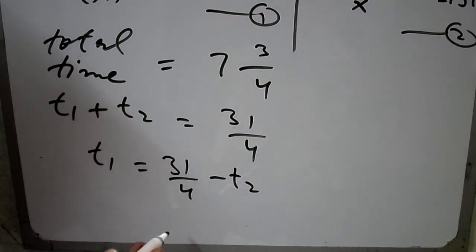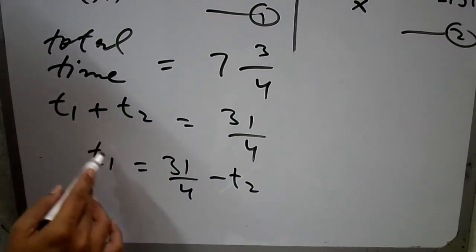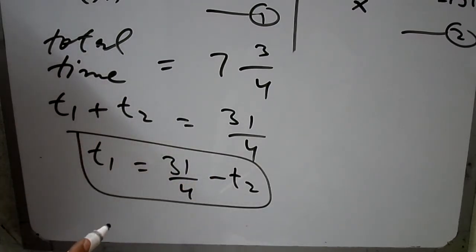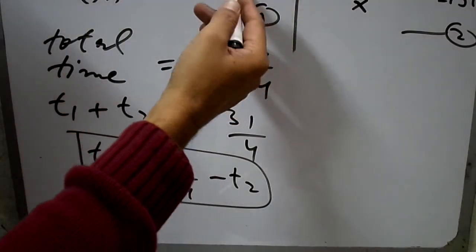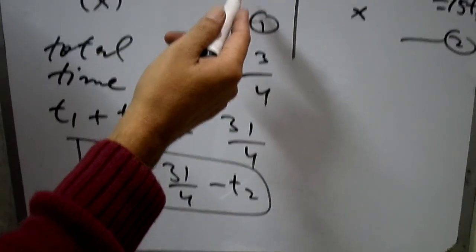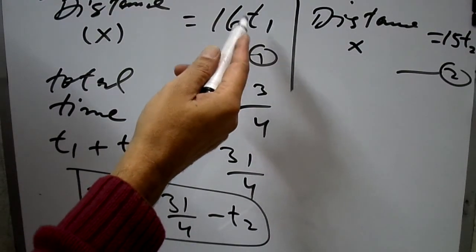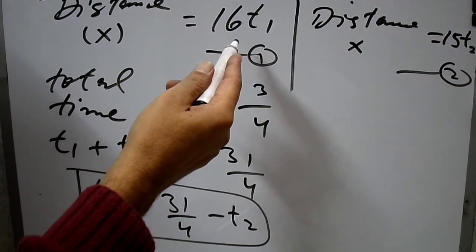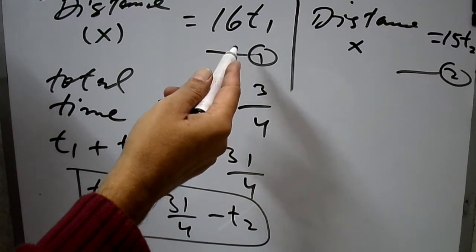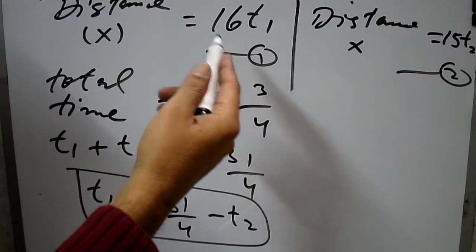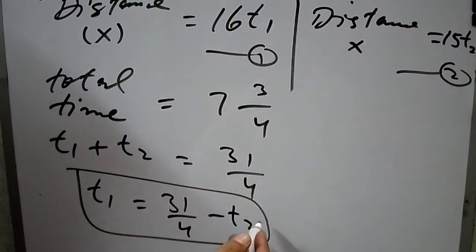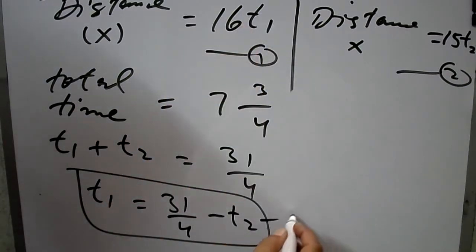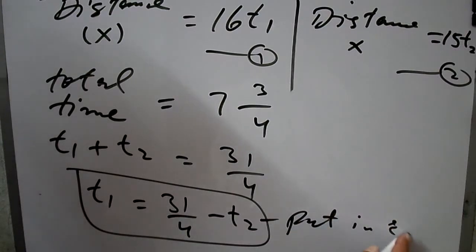So how can we find the value? If you put this t1 equation in equation number 1, you can find the value of x, or give the equation in terms of t also. For example, put it in equation number 1.